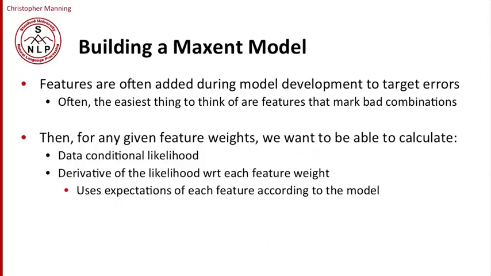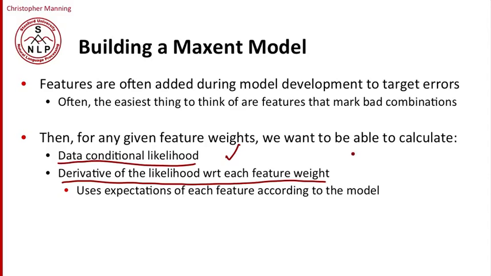Then for any particular set of features and their weights, what we're going to want to be able to do is calculate the data conditional likelihood, the probability of a class given the data item. Well, we already know how to do that. That's what we did in the preceding slides with the worked examples. But then secondly, we're also going to want to work out the derivative of the conditional likelihood with respect to each feature weight.